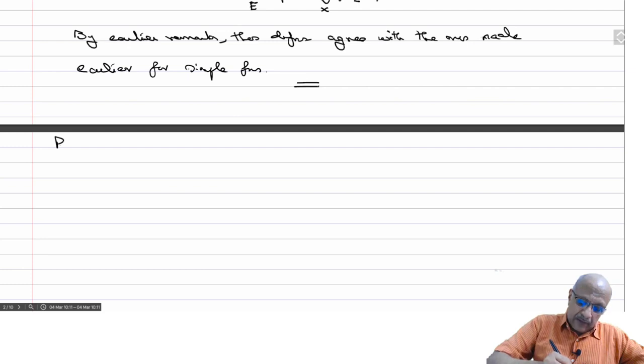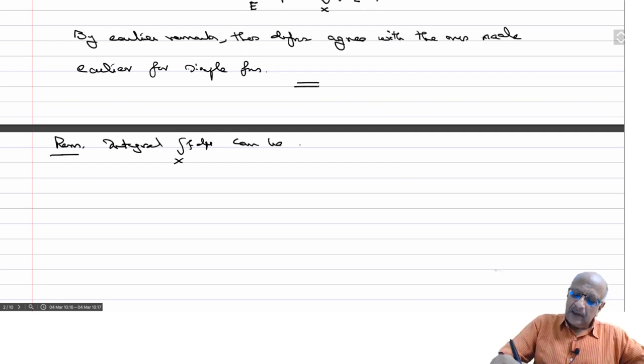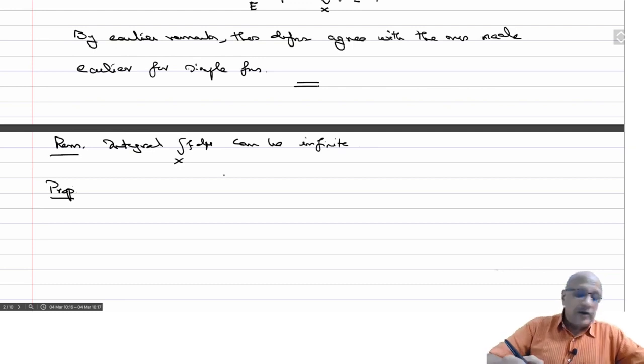Now, so again a remark: the integral of f d mu over X can be infinite. Okay, so next proposition, a very trivial one and immediate from the definitions.